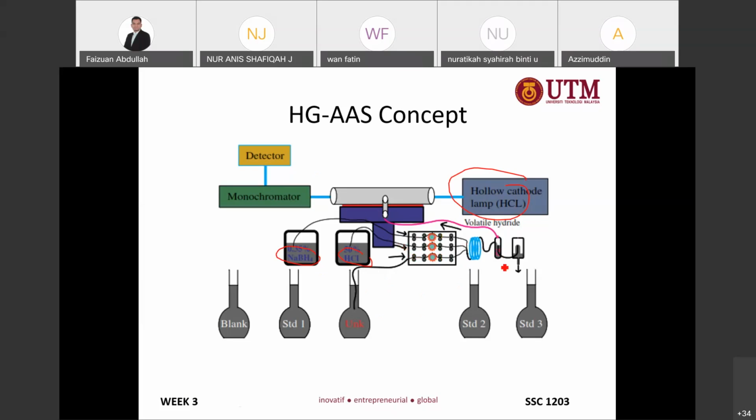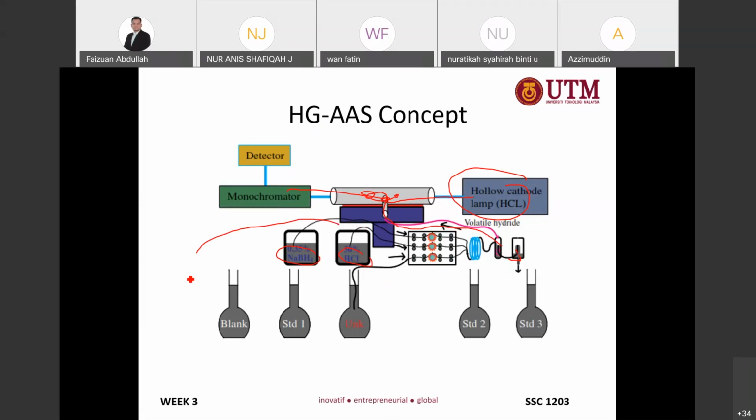And then the volatile will be transferred here together. The hydride with the sample will be here, and the hollow cathode lamp will pass through the tube, and we can detect the absorption. That's why we call hydride generation.